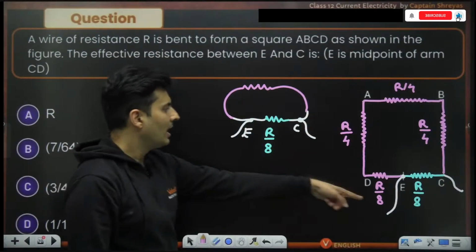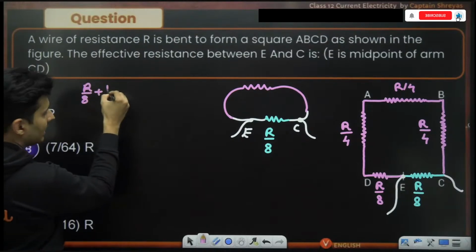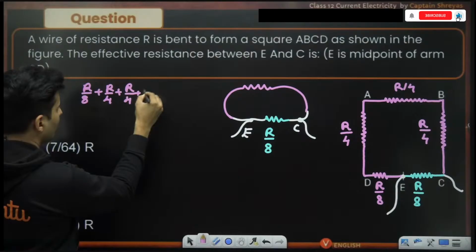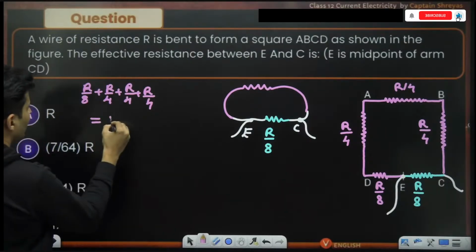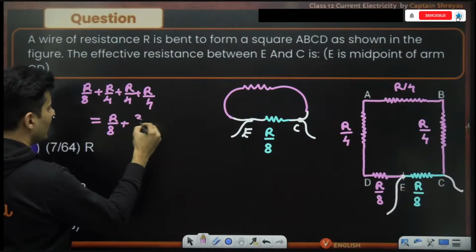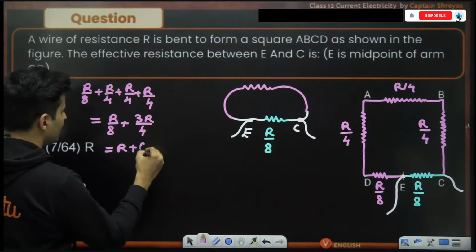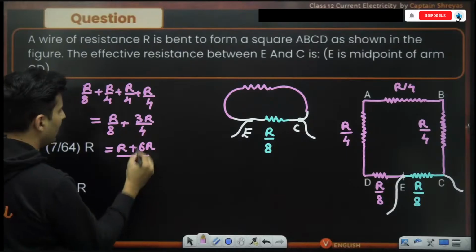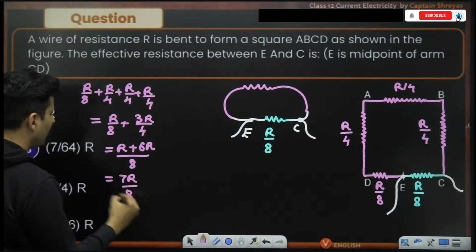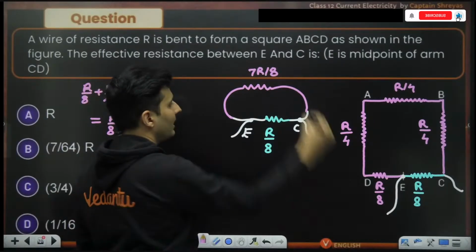How much is this? Add all of them together. So it will be R by 8 plus R by 4 plus R by 4 plus R by 4. So it will be R by 8 plus 1, 1, 1. So 3R by 4, which is R plus 6R by 8, taking the LCM. So that is 7R divided by 8. So this resistance is 7R divided by 8.